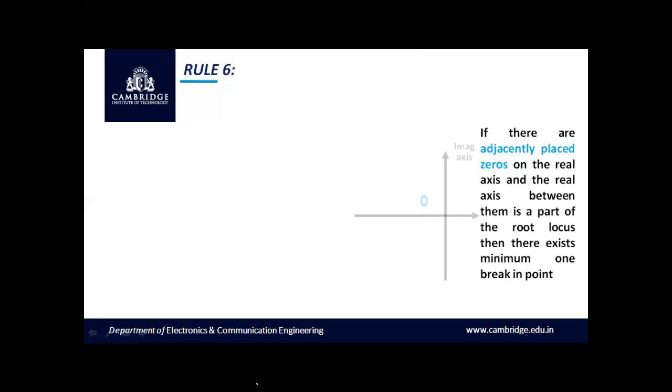Let us take an example with two adjacently placed zeros in the S-plane. Its location is shown here, and making use of rule number 3, we can mark the existence of root locus.